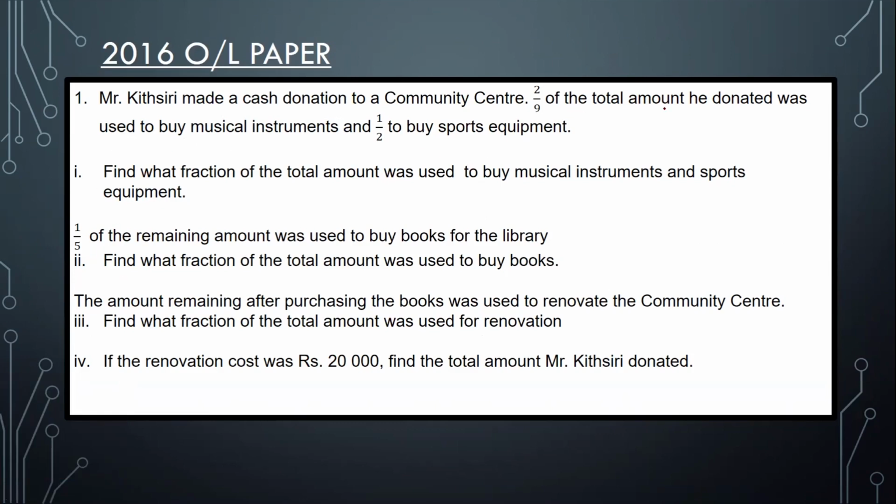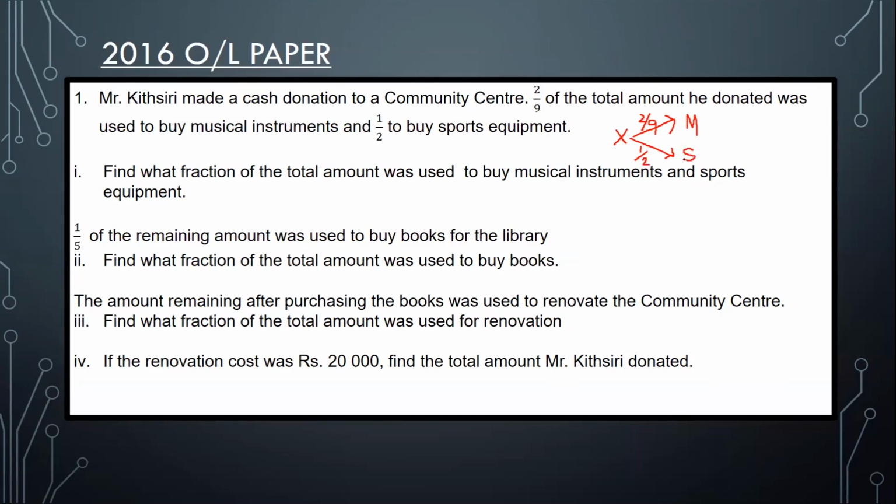2 over 9 of the total amount he donated was used to buy musical instruments and 1 over 2 to buy sports equipment. So if he has donated X amount, from the X amount, 2 over 9 was given for musical instruments, I'll write it as M, and half of the amount to buy sports equipment.